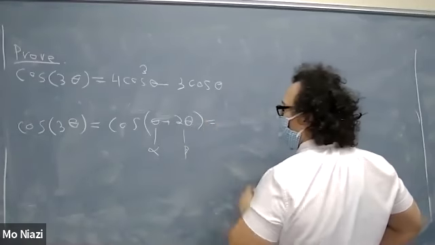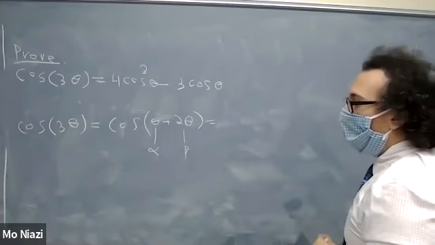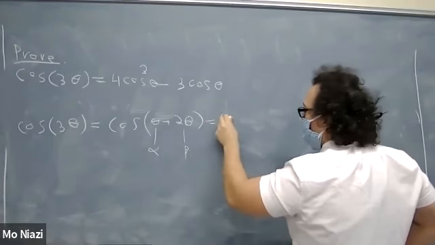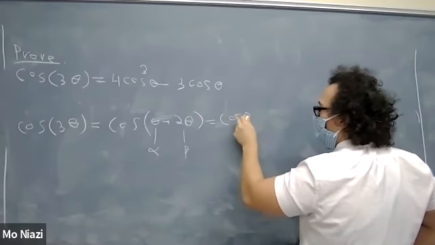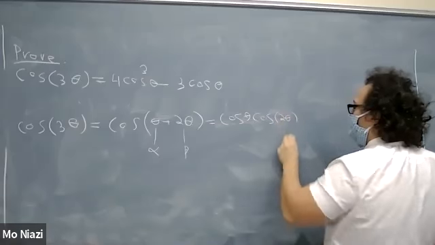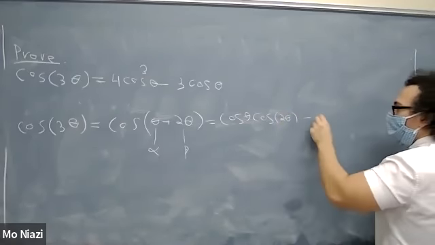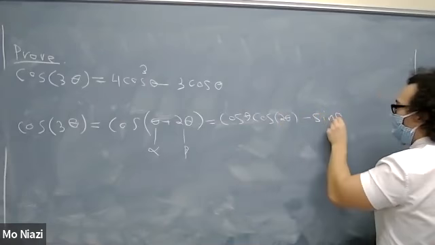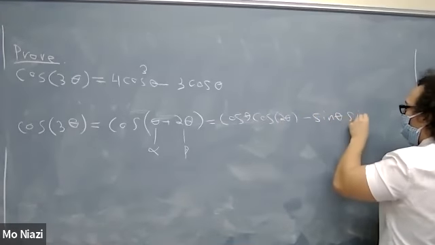And so cosine of alpha plus beta becomes cosine alpha cosine beta minus sine alpha sine beta.